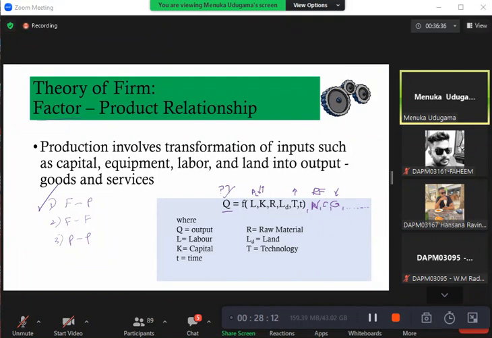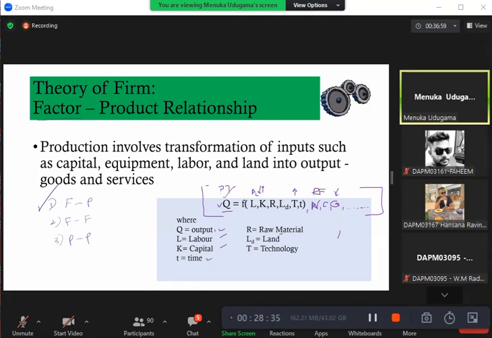I can also, using this function or this model, predict what would happen to the quantity in 2 years' time or 5 years' time using the data. So you collect data for these factors, output, labor, capital, and so on.